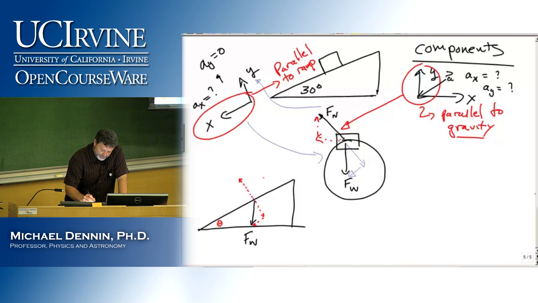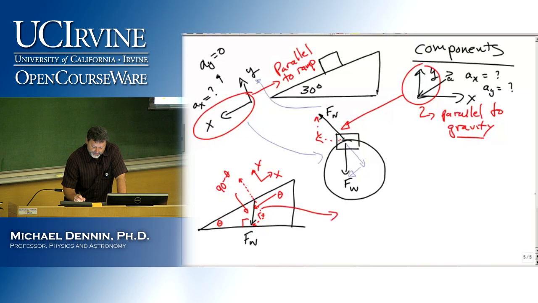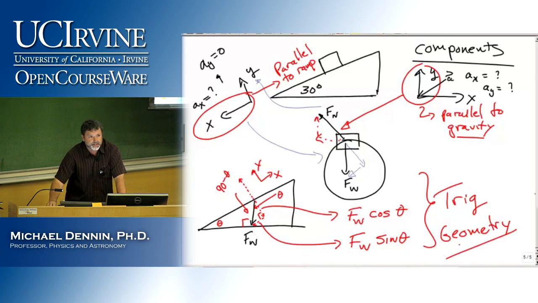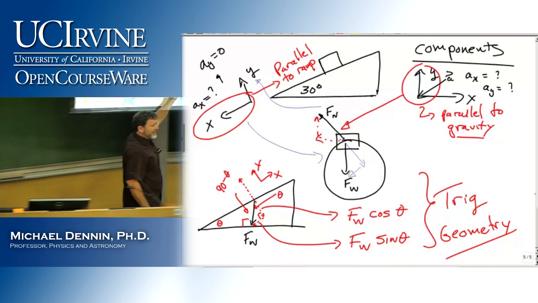If I'm making an x and y coordinate system like this, here are the two components I need. This angle in here is 90 minus theta, because weight makes a right angle. That's a right angle, so the angle in here is now theta. And so this becomes FW cosine theta, and this becomes FW sine theta. Again, trig and geometry are the key. And this is the breaking into components step.